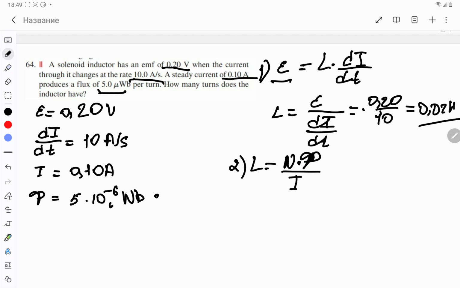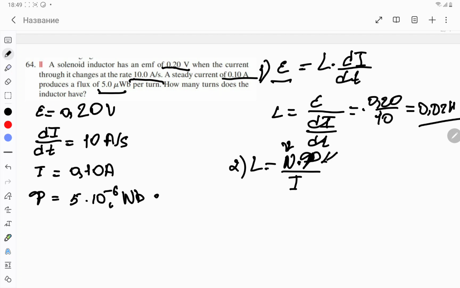And let me explain why we are using this formula too. This formula shows how inductance is connected to the physical structure of the coil. The more turns you have, and the more magnetic flux each turn carries, the more inductance you get.